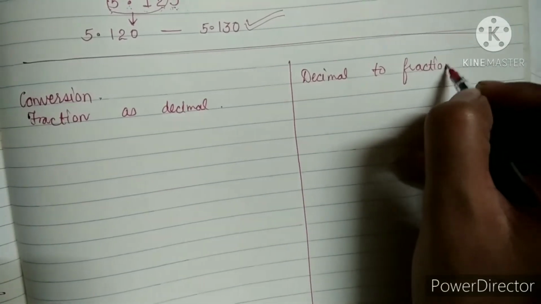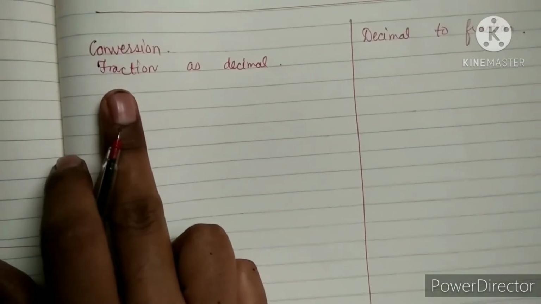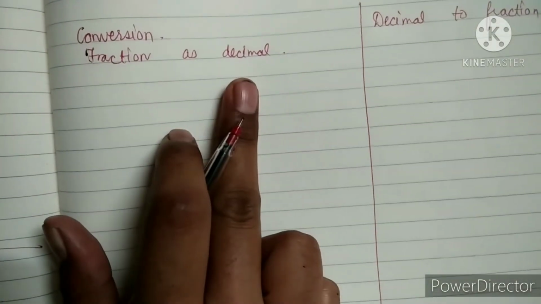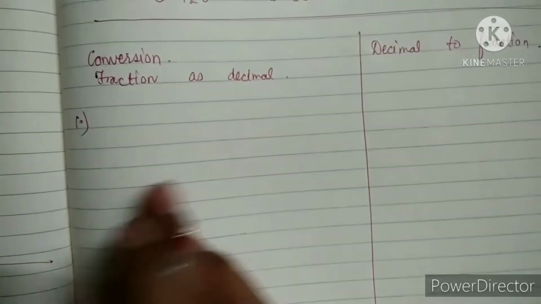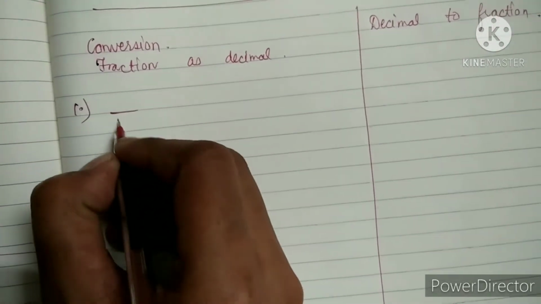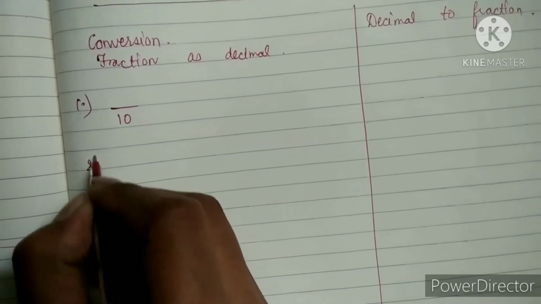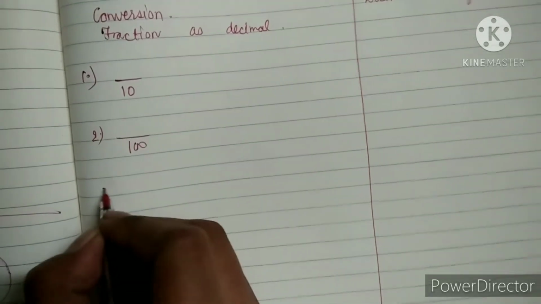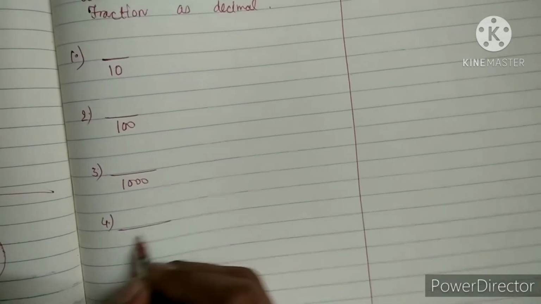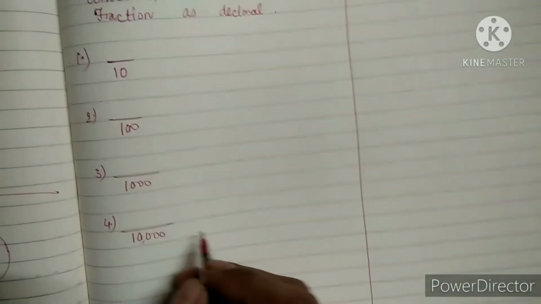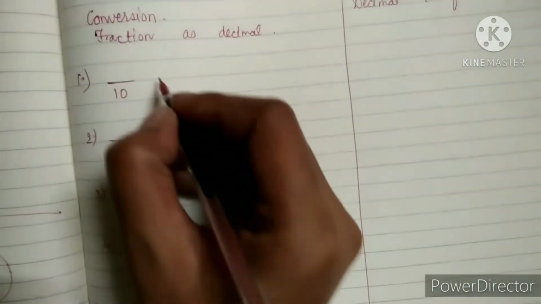Whenever we have a fraction, how can we change that fraction into decimal? Firstly we will see when the denominators are 10, 100, 1000, 10,000.